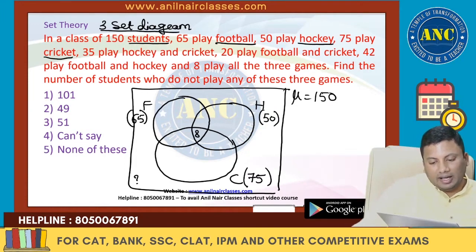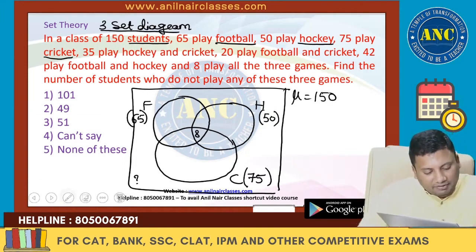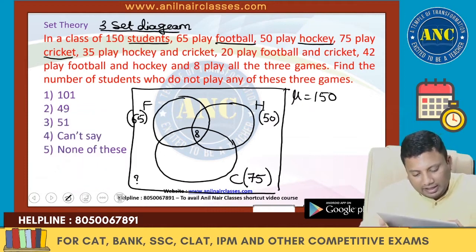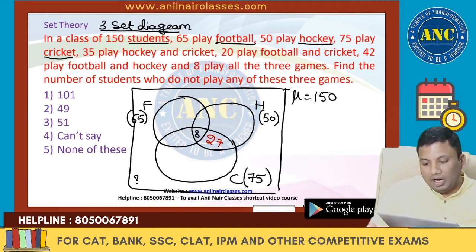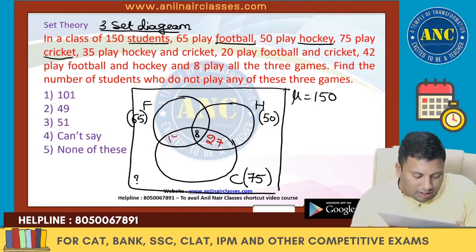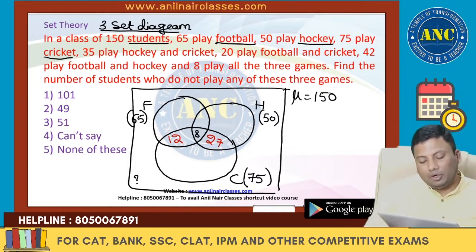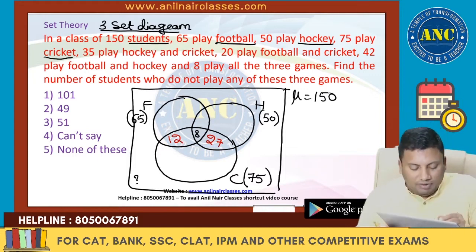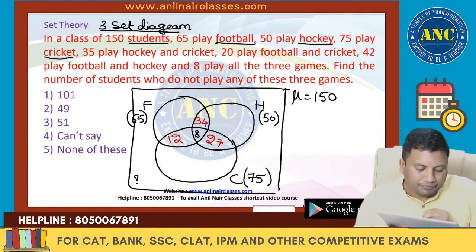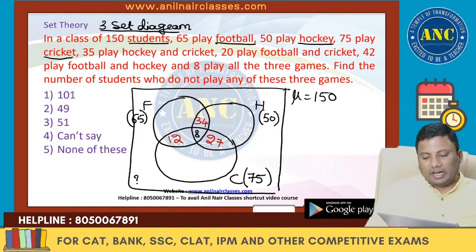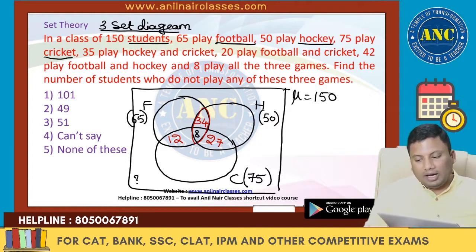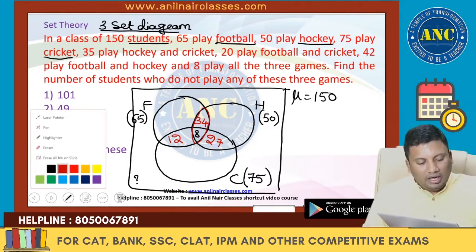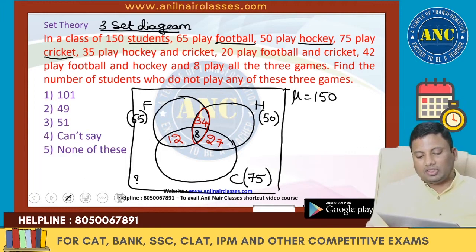35 play hockey and cricket. 8 is already counted, so 27. 20 play football and cricket. 8 is counted, so it is 12. 42 play football and hockey, which is 34 after removing the 8. I hope it is clear. Football and hockey is this combined set: it is 42, only 8 I got, so the remaining is 34.